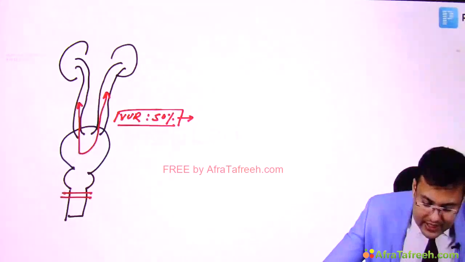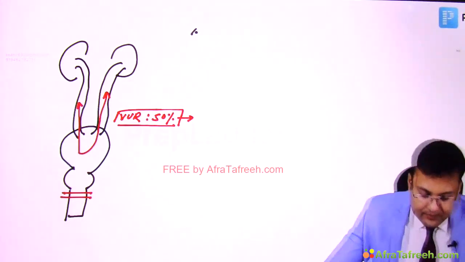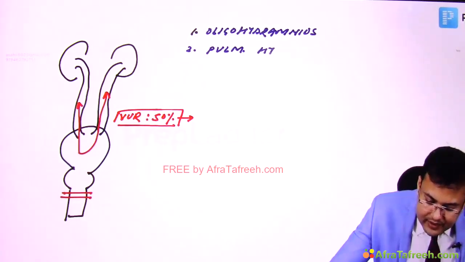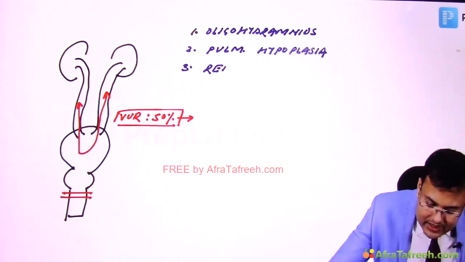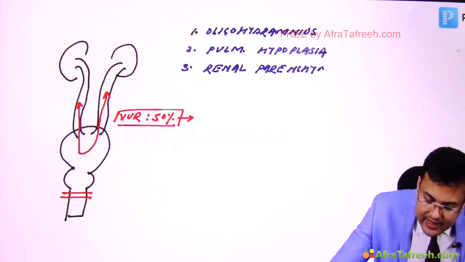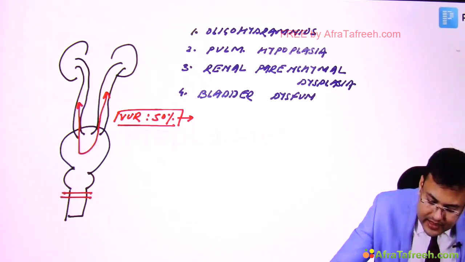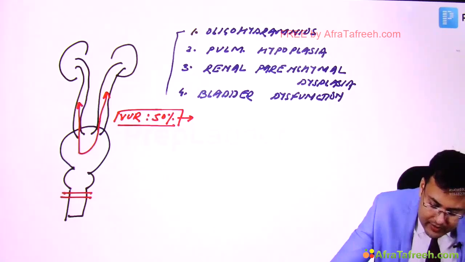Apart from vesicoureteric reflux, these patients have oligohydramnios, pulmonary hypoplasia, renal parenchymal dysplasia, and bladder dysfunction. These are the associations apart from VUR.